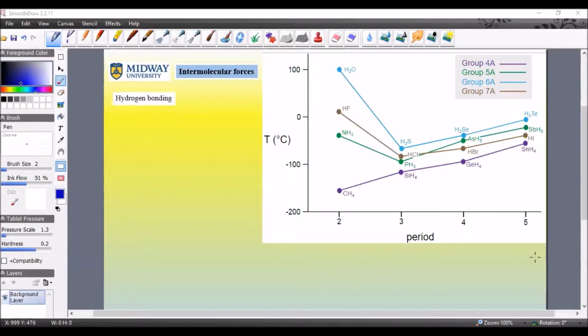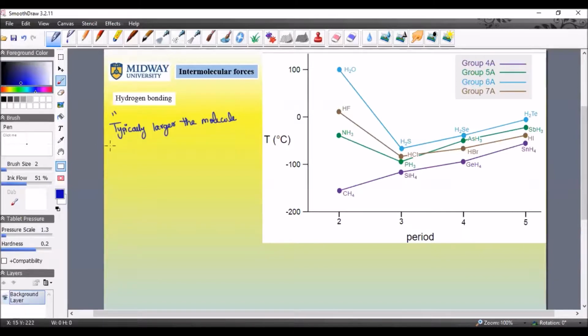So your y-axis is the temperature, which is actually the boiling point temperature, and then the x-axis is your column or the group where the elements are found. So let me write a generalized statement, which is typically, larger the molecule, that is, if you calculate the molar mass, then you can determine whether it's large or small compared to another molecule.